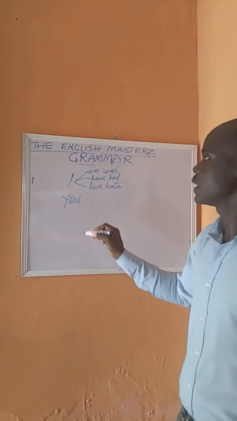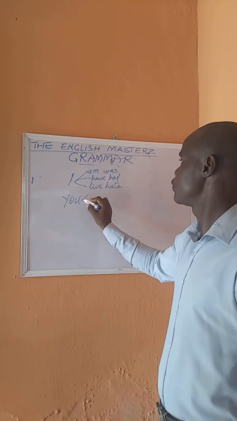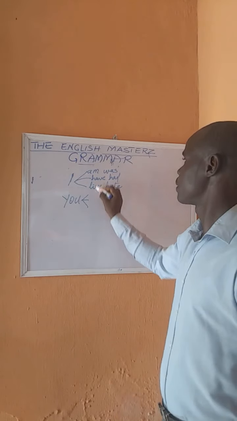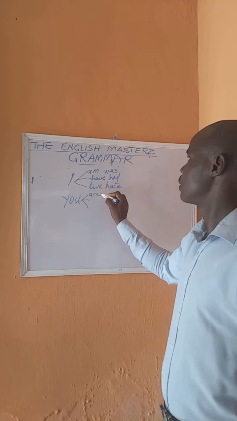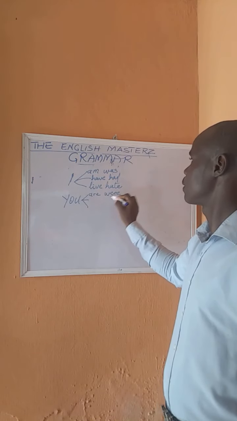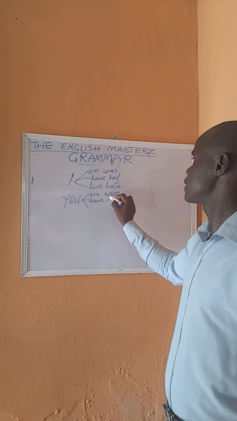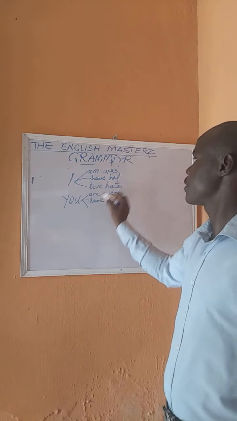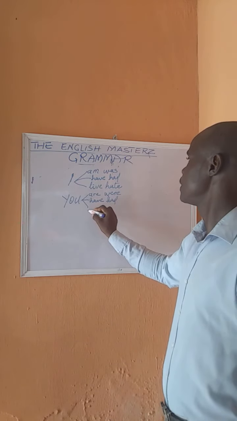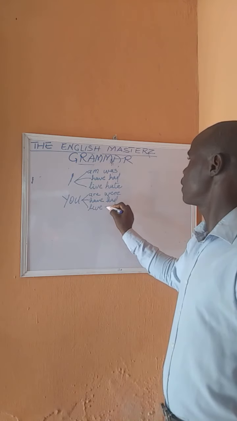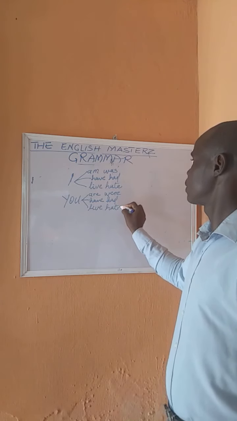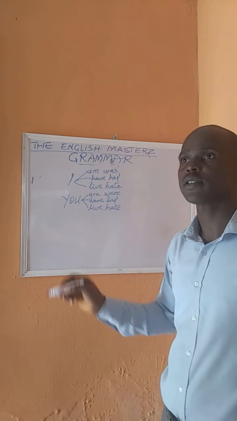Good. Now, let's see you, okay? You, here, are, were, okay? Then have, had. Then here, are, leave, and hate. But let's see one person.